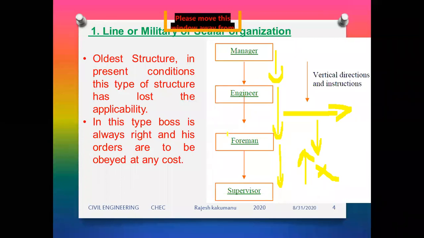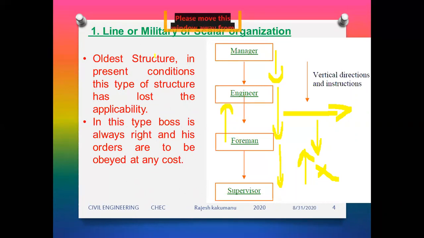If the foreman is an intelligent guy and asks, sir, engineer sir, the 8th and 6th points of the 10 points you told are wrong, and changes any information, then it is a problem: you will be fired, terminated, or punished. That type of organization is simply the military or scalar type of organization.